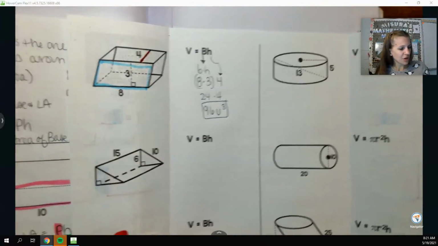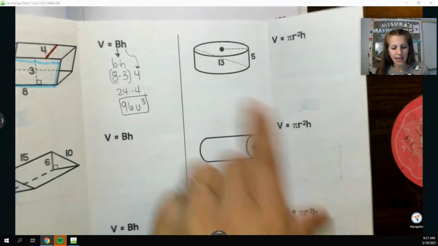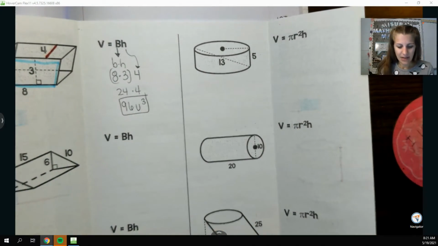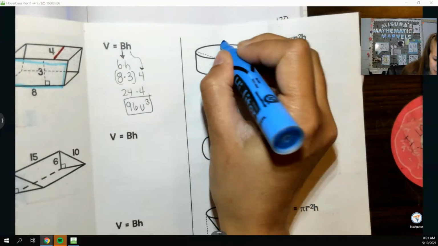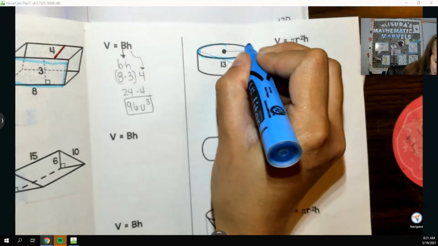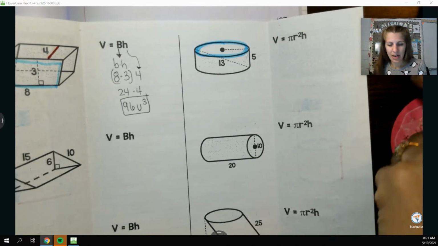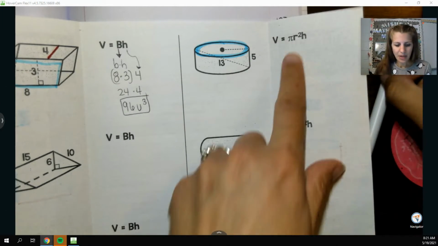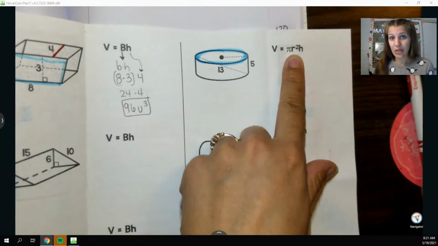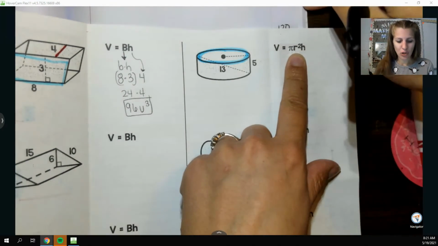All right, just to shift our brains back and forth, I mean, because why not? This one here, I can definitely see that my base is a circle. And so we're going to want to do area of the base times height. In this case, because my base is a circle, the area formula for that is pi r squared.